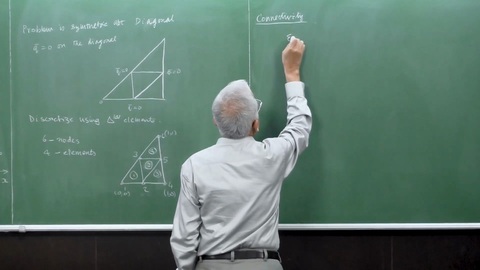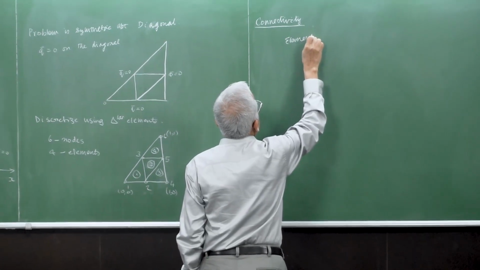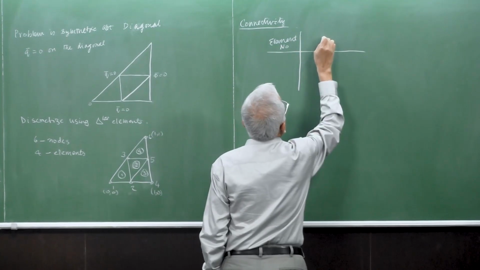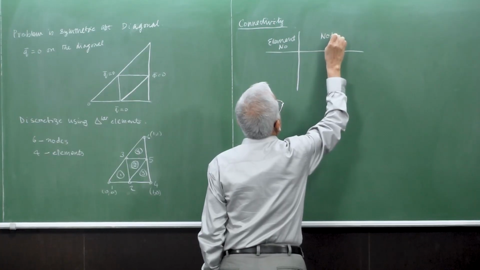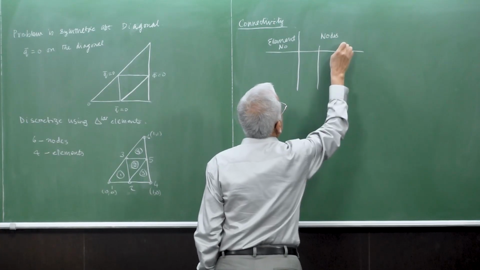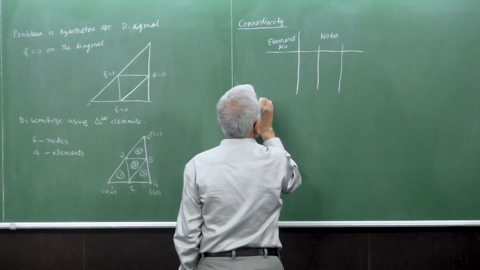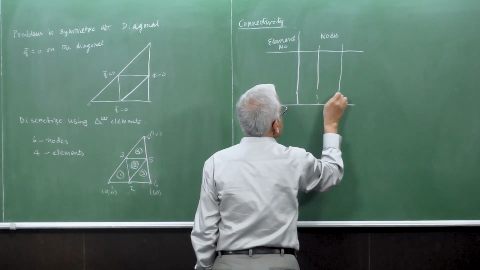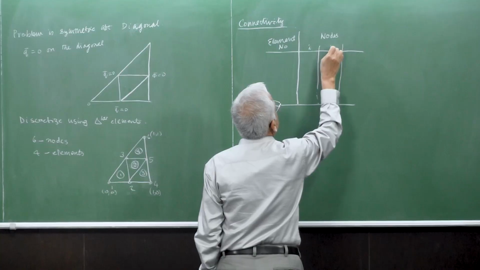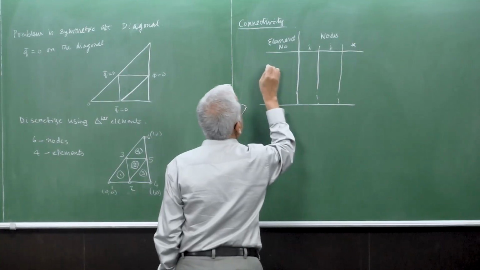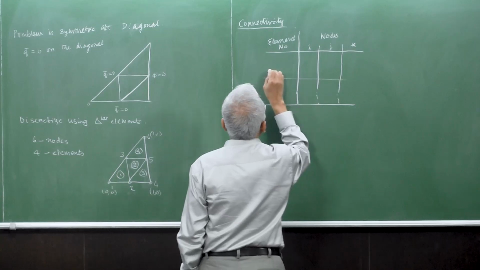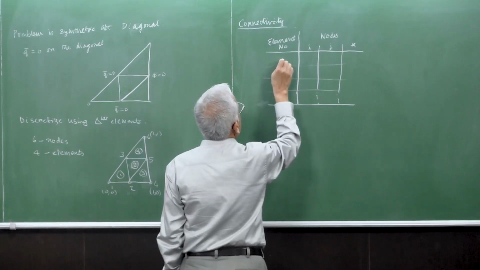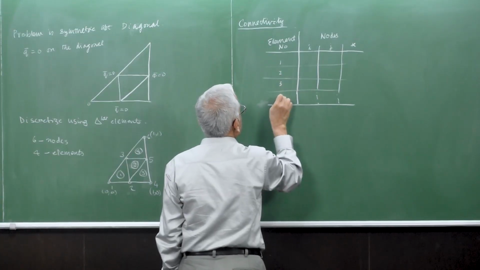The element number and nodes here, we call them I, J, K. Nodes one, two, three, four.